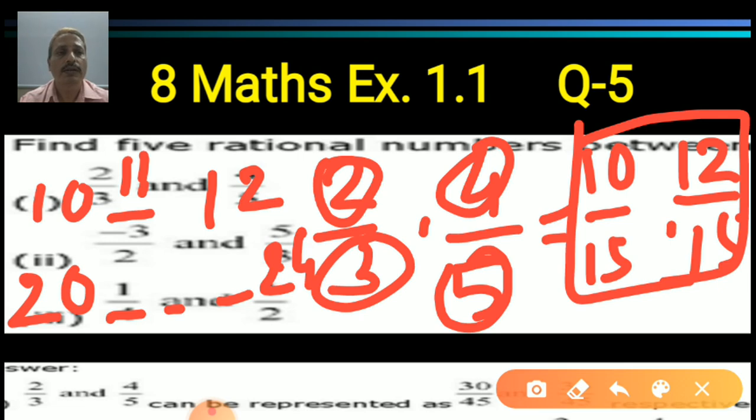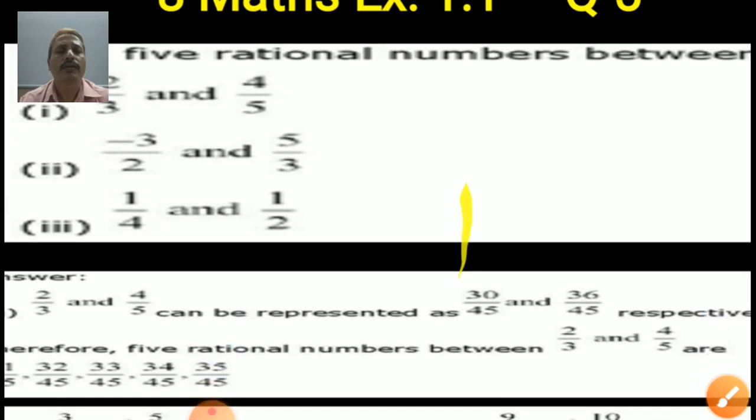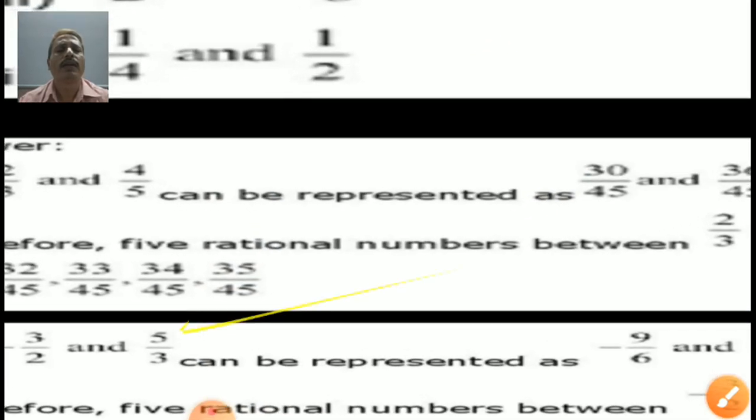Understood, student? Okay, let's check the answer. Answer number 1: what they did is multiply with 5. I said no, not multiply with 5. Why?